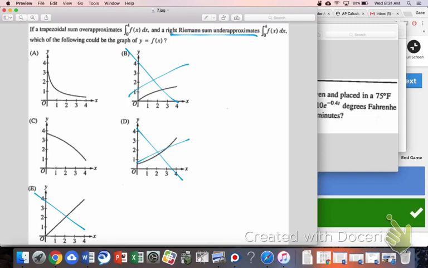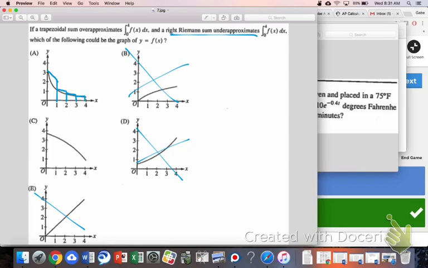The trapezoid sum is a little bit different. So maybe you draw in a couple of trapezoids. A trapezoid would maybe look like this, and then like this. What does the accuracy of a trapezoid sum depend on?